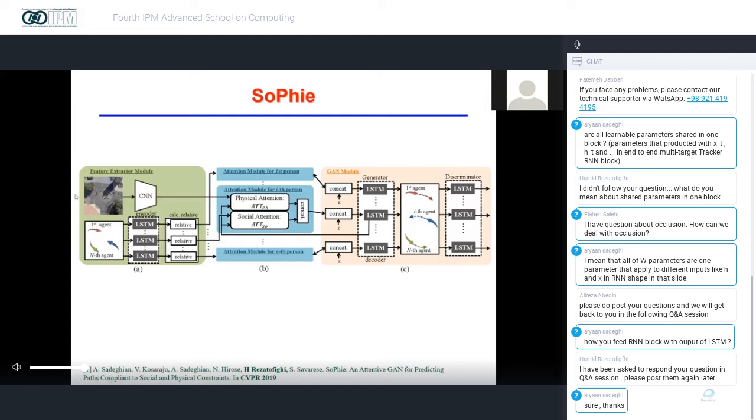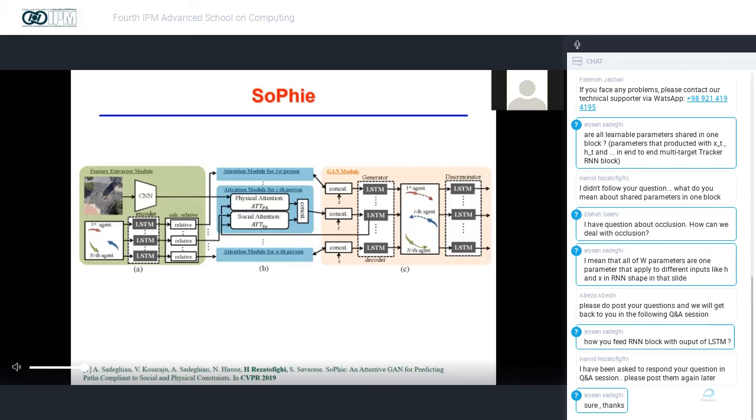For the physical objects, we encode the features with a CNN. The most important part of the novelty of the paper is to say that not every agent affects the other agents equally. So for predicting an agent, it's very important to know which other agent or person affects its future.